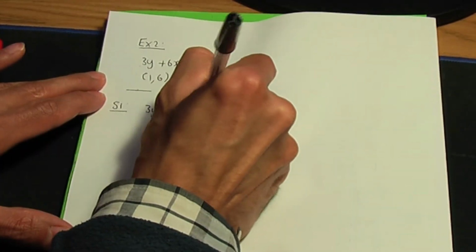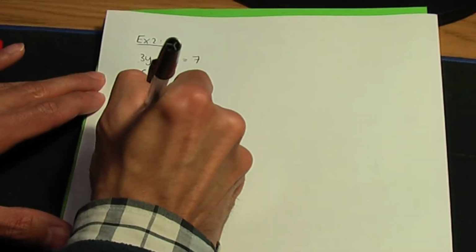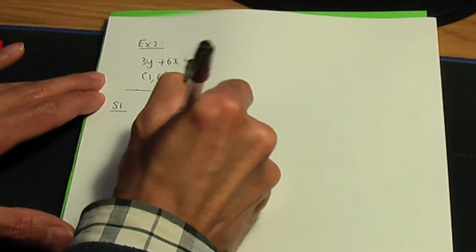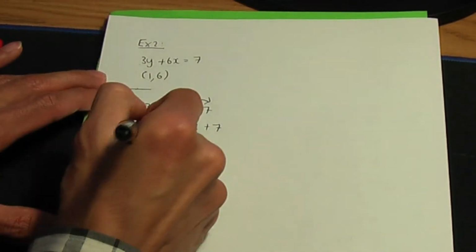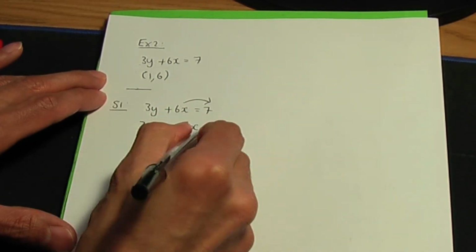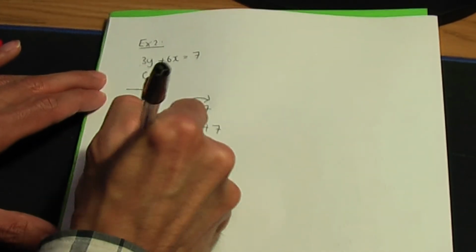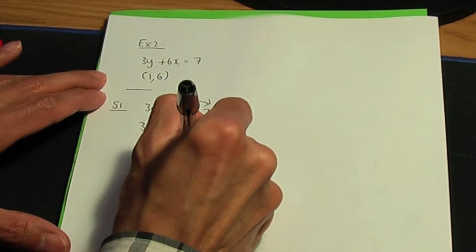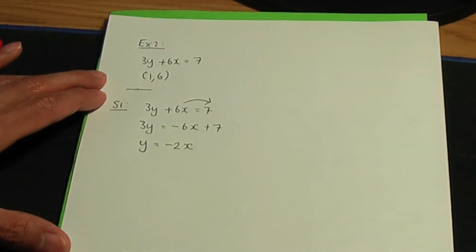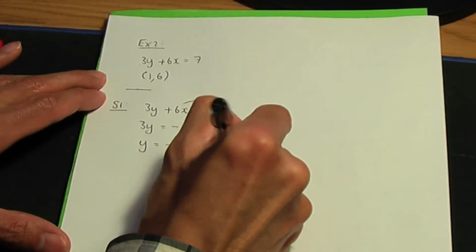If I take the 6x to the opposite side, we're going to have 3y equals minus 6x plus 7. And if I divide both sides by 3, I'm going to have y is equal to minus 6 over 3, which is minus 2, so minus 2x plus 7 over 3.